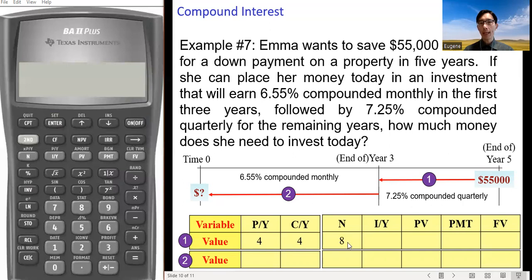N equals 8. The duration is 2 years and the compounding frequency is quarterly, so altogether 8 compounding periods in this time segment. IY 7.25. We need to compute PV. PMT is 0. And FV is the $55,000.